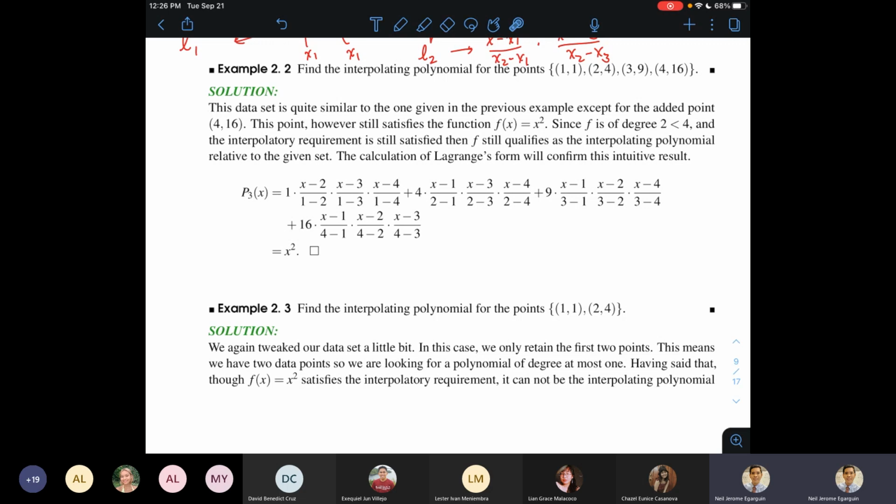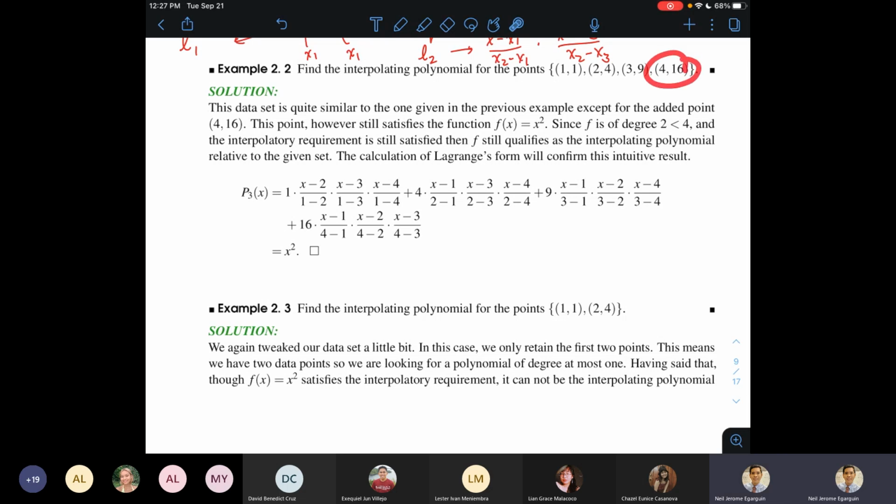Again, in example 2, we have 4 data points, so we expect a polynomial of degree at most 3. But if you try to use the Lagrange form, you will get x squared again, which is a polynomial of degree 2. That is still fine because all the unisolvence theorem promises us is that you will get a polynomial of degree at most 3. And here we get a polynomial of degree 2, which is still less than or equal to 3.